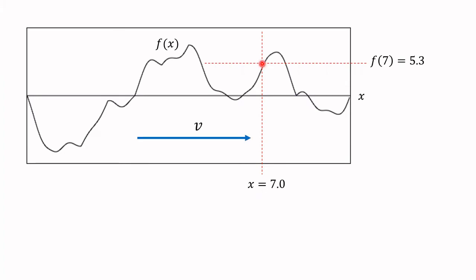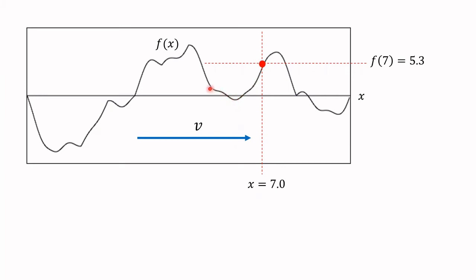When you put this entire waveform in motion to the right, then the height of the curve at this position is going to change, right? Won't it start to dip down? That's kind of confusing. This waveform is actually moving to the right, and that means that the height of the red dot is going to do this as it moves along that curve.